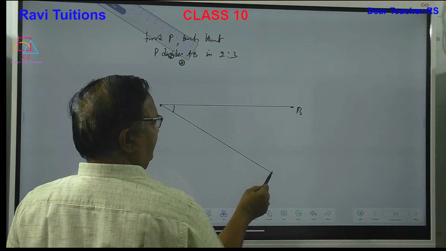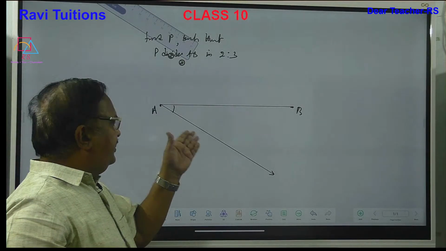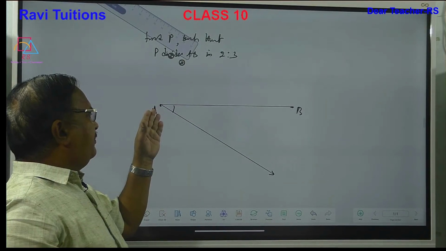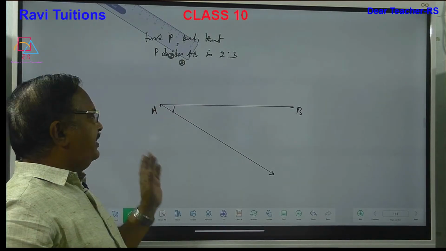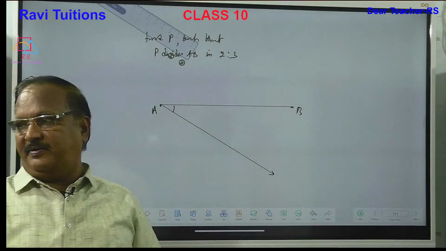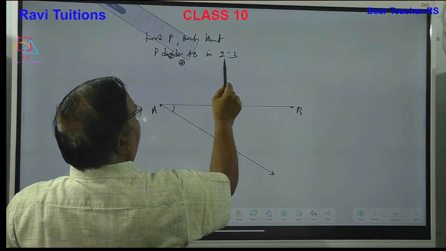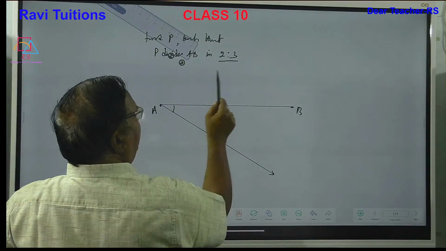This line you can draw from B also, from A also. You can have it upside also, downside also, anywhere. Now, our target is to find P in the ratio 2:3.